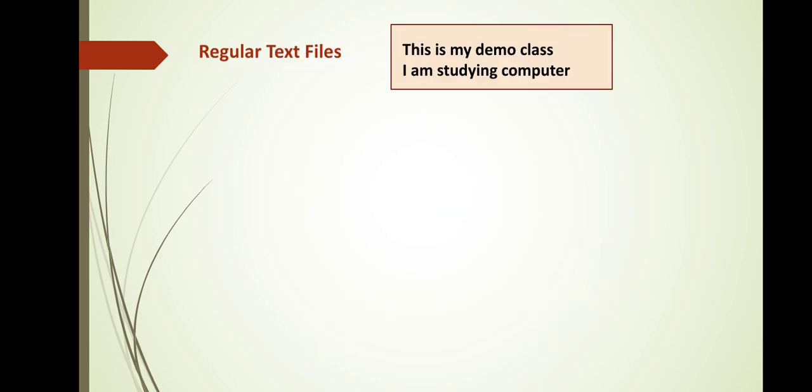See, if this is my regular text file, I have written 2 lines in this file. This is my demo class and I am studying computer. Now I am considering each word of this file as a separate value. The values are separated by a space in the case of a regular text file. Now when I write the same content in a tab separated values file, that means a TSV file, how will it appear?